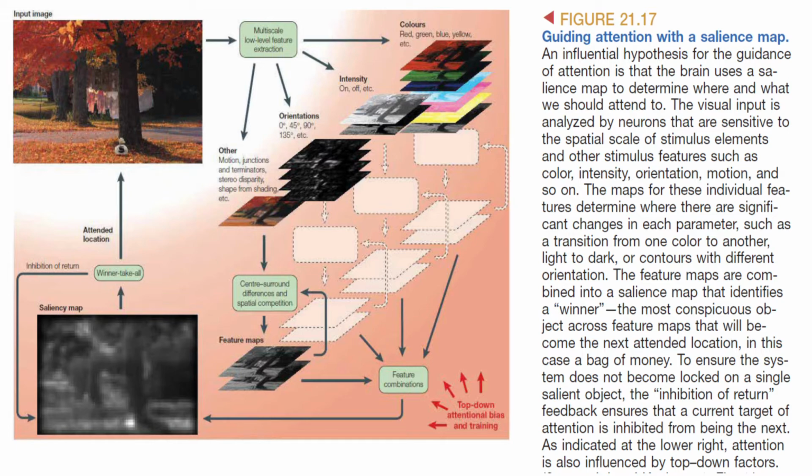bottom-up guided attention. But we can also guide attention based on our will, what we want to pay attention to. If we are looking for some specific characteristics in an image, like looking for Waldo, where's Wally, they told you in advance some characteristic of the stimulus you have to look for, and then you can look at the image, and of course your visual system will analyze it, but you'll be guiding that visual system to look for specific patterns.